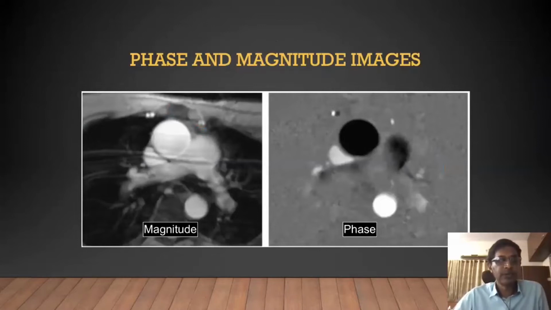These are the typical images generated during a velocity encoded imaging session. The one on the left side is the anatomy image, which is the magnitude image, which can clearly show the structures. And the one on the right is the phase image, which we use to evaluate flow amounts. Black and white denote that the flows are in opposite directions.